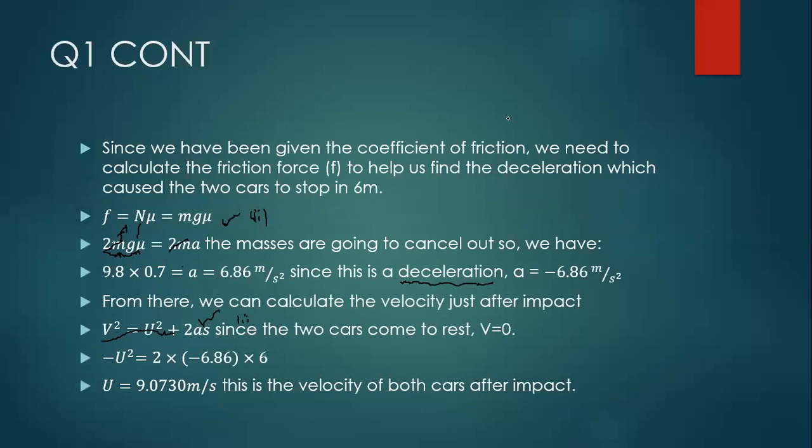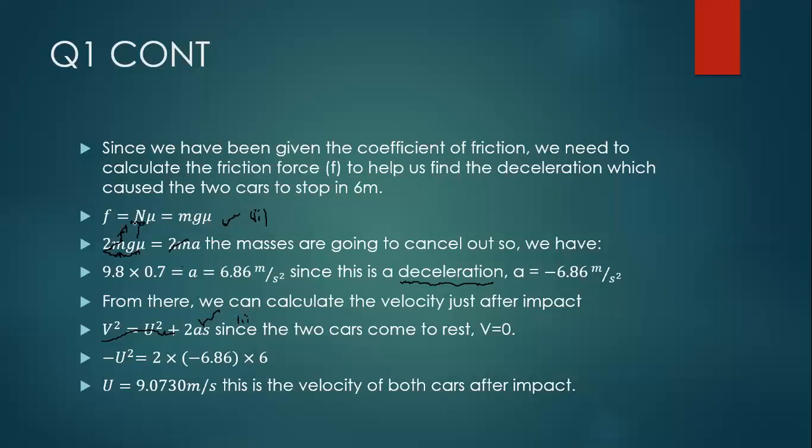Here normal is mg multiplied by mu. Then why is it that even here we have it? Since our formula for friction is normal multiplied by mu, and for normal we have mg multiplied by mu, then why after an equal sign here again do we have mg and mu? Yes, normal is mg.